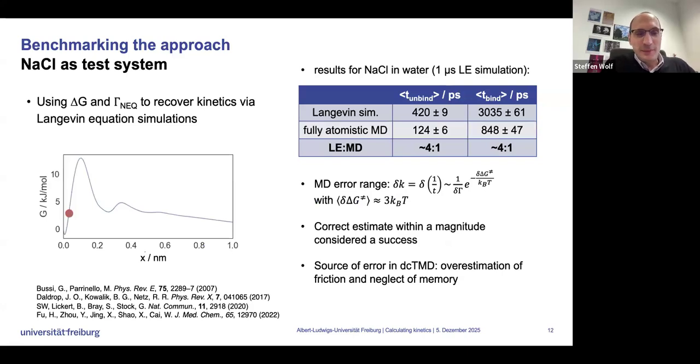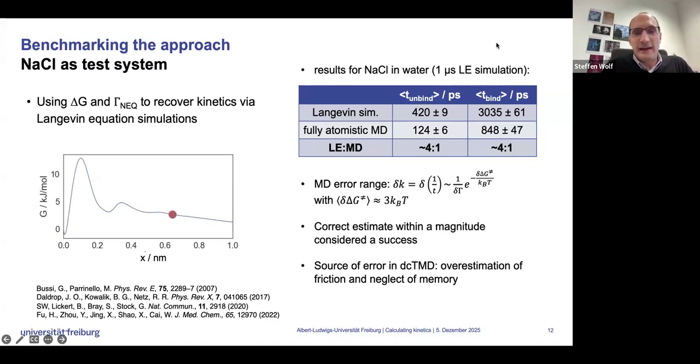So now, having shown you how our theory works, I want to give you an outlook. How good are we now, in terms of overall benchmarking of our approach? We turned to simulations of a simple ion solution, one single sodium ion and a chloride ion in water.